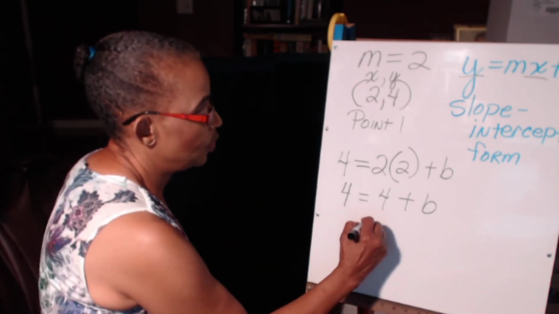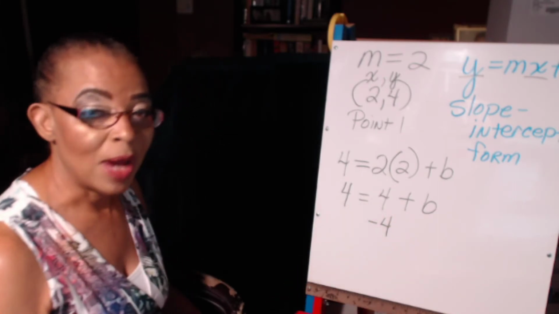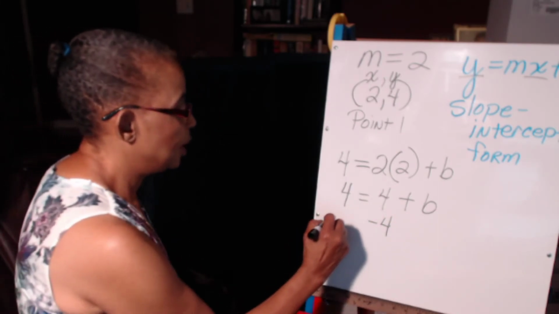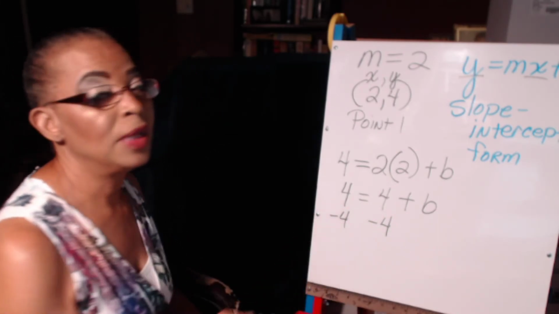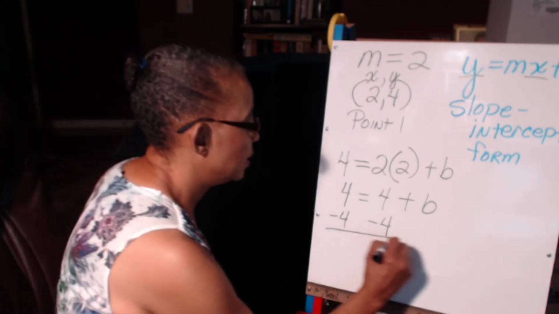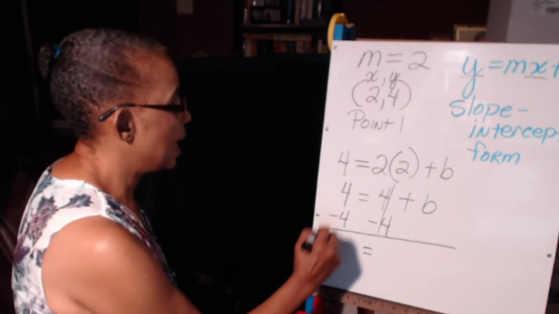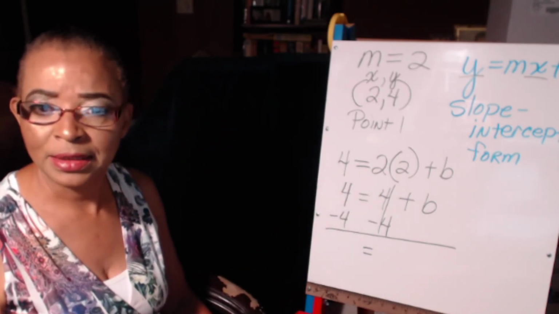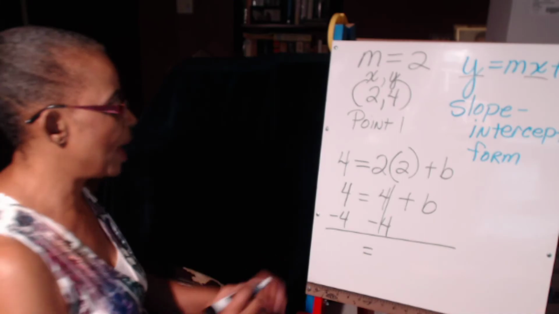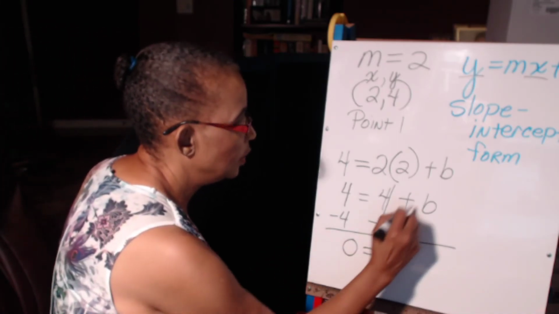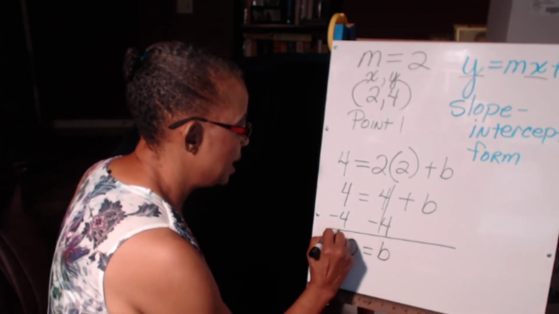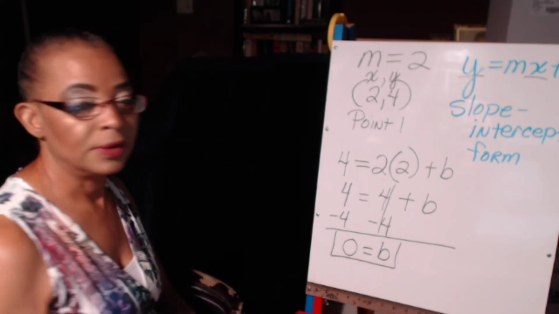So if I subtract 4 from the right side of this equation, I must subtract 4 from the left side of this equation. So the 4's cancel on the right side, and oh my goodness, they canceled on the left too. 4 minus 4 is 0, so that tells me that b is 0.